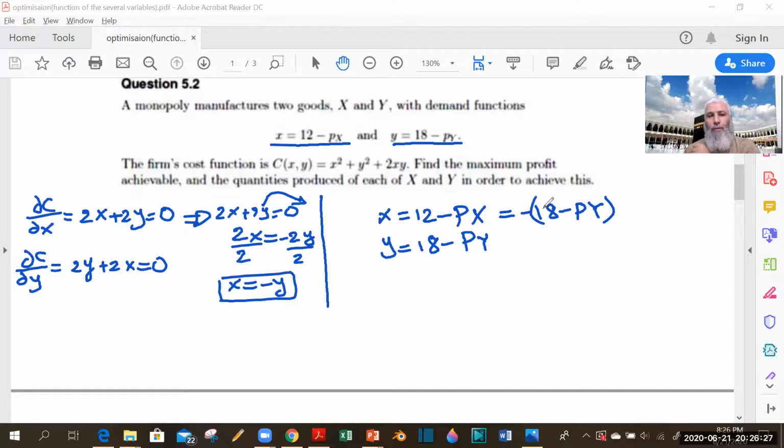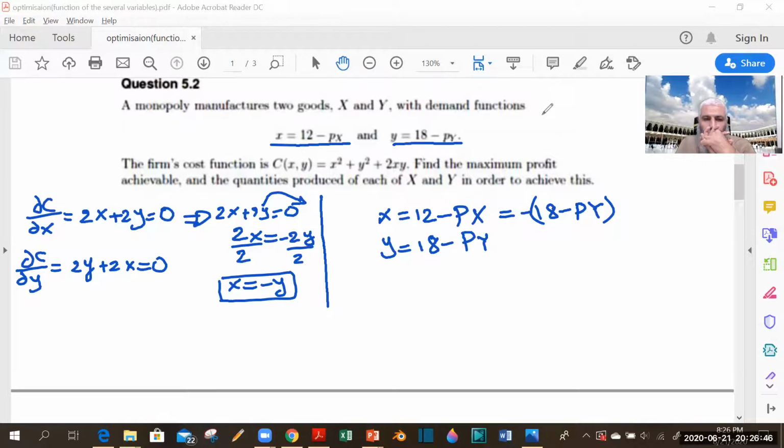Maximum profit available. Where is the profit? Maximum profit. This is the cost. Find the maximum profit available.